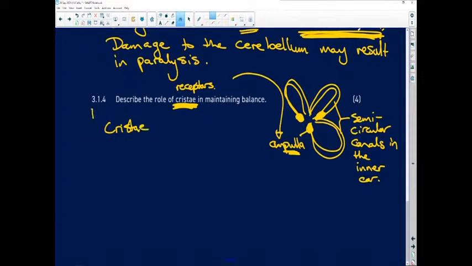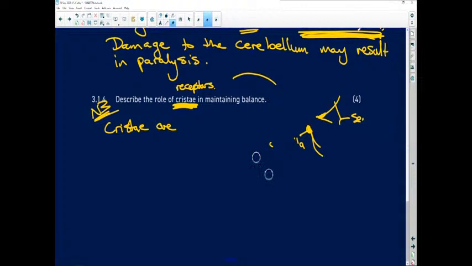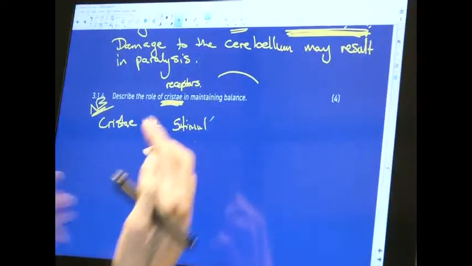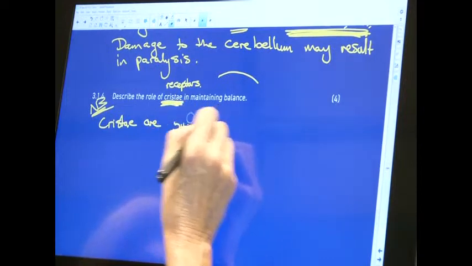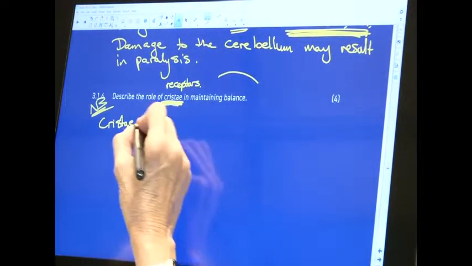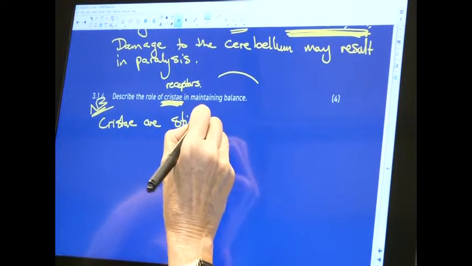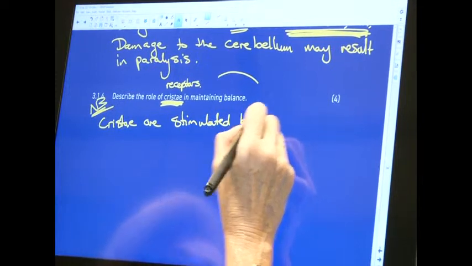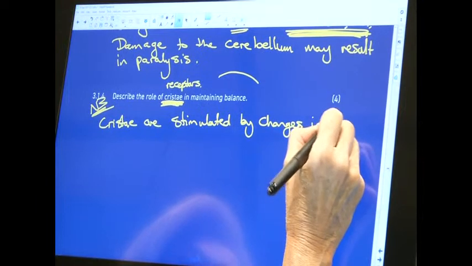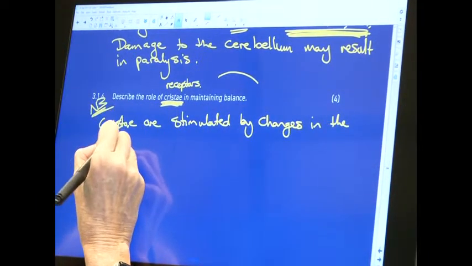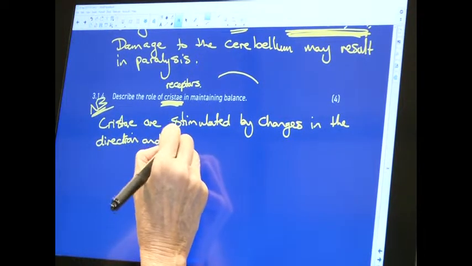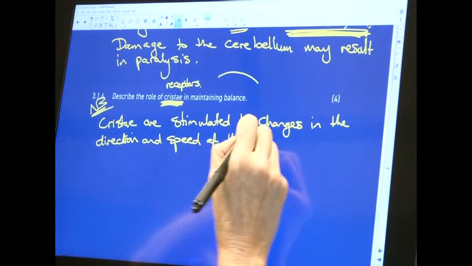You must know these 4 points. Cristae are stimulated by changes in the direction and speed of the head.